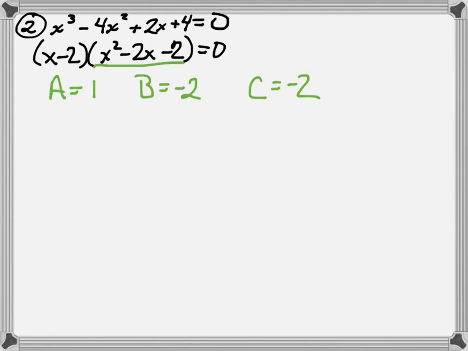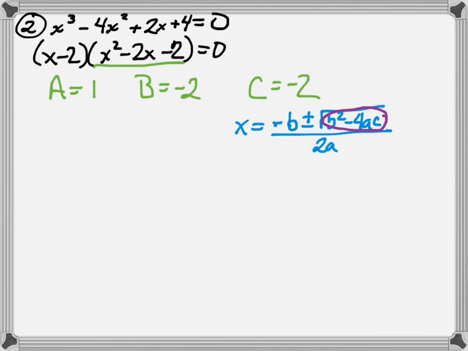And the quadratic formula is x equals negative b plus or minus the square root of b squared minus 4ac, all divided by 2a. But remember that we always find our discriminant first.